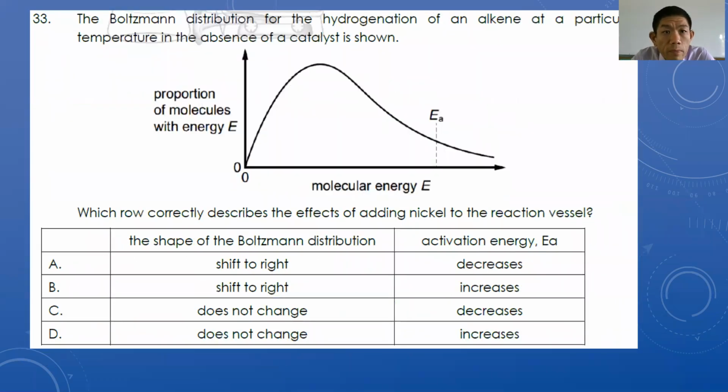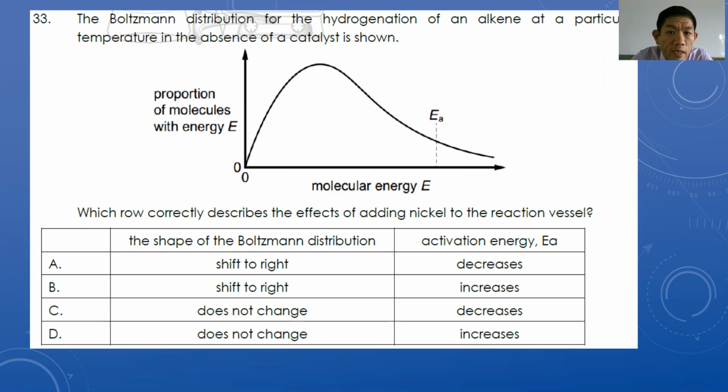And then 33, the Boltzmann distributions for the hydrogenation of an alkene at a particular temperature are shown below. Which correctly describes the effect of adding nickel as the catalyst? Adding nickel as the catalyst will cause the activation energy to be lower. So the activation energy decreases, correct? Does the curve change or not?